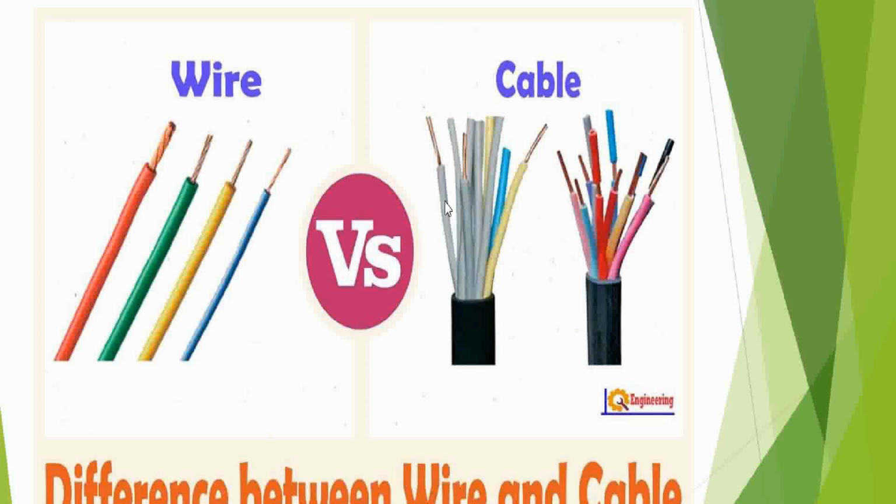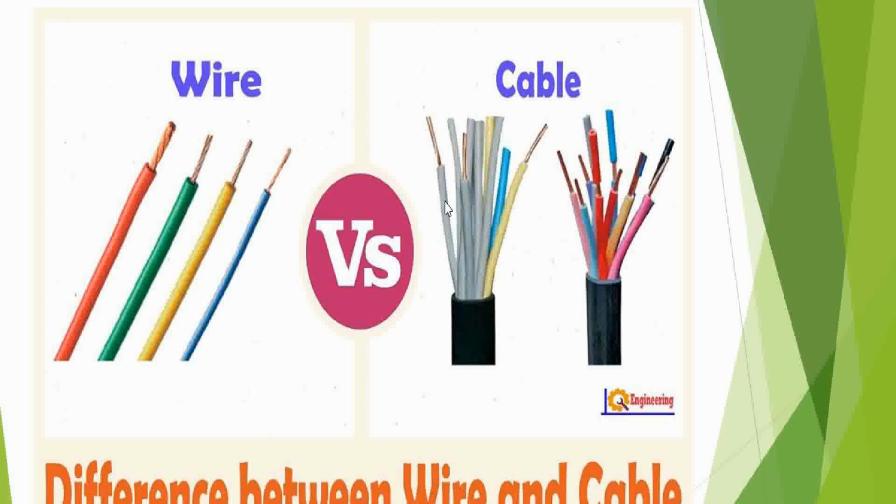And what type of insulating material do we use for cables? We use rubber or vulcanized India rubber, impregnated paper, polyvinyl chloride. In the cables, according to the operating voltage, we are having low tension cables and high tension cables. The range for low tension cable is up to 1000 volts and high tension cable is 11,000 volts.